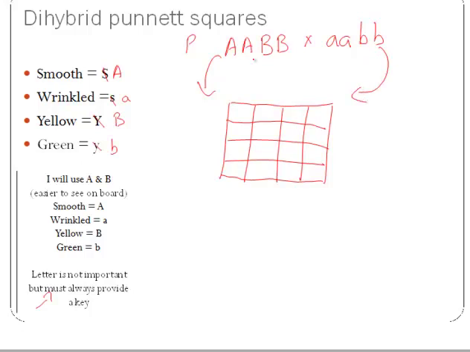For the first parent, this A is going to separate from the other A, and it might go with the first B. So we could have A, B. Or this A could go with the second B. We're looking at possibilities here. This A could go with the first B, or that A could go with the second B.